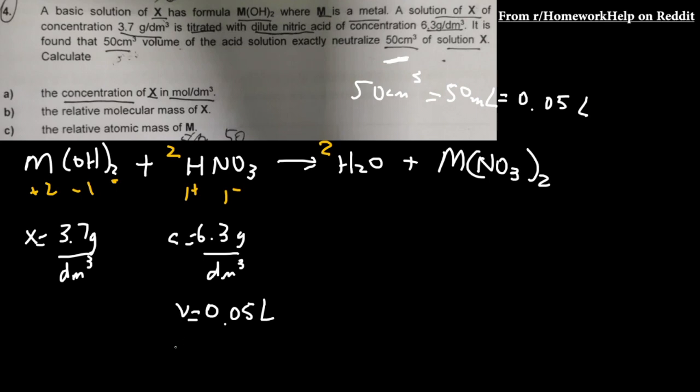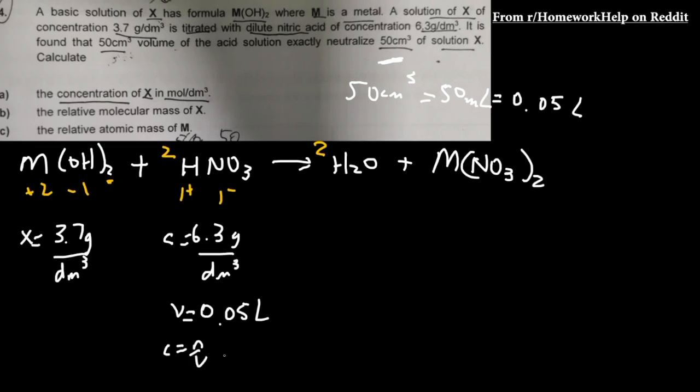So from here, you can solve for the moles. So concentration equals n over V. So now we need to find the moles of HNO3. It already gave us the grams. So what we can do here is we can just figure out the moles of HNO3.